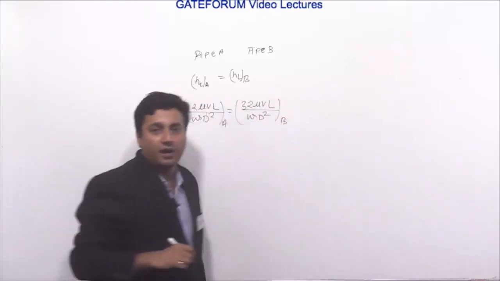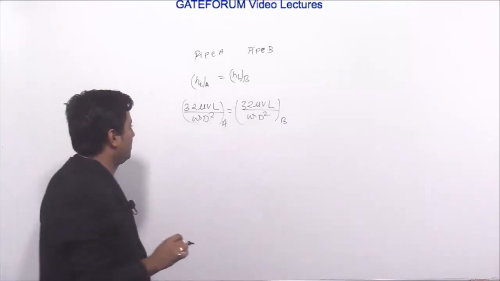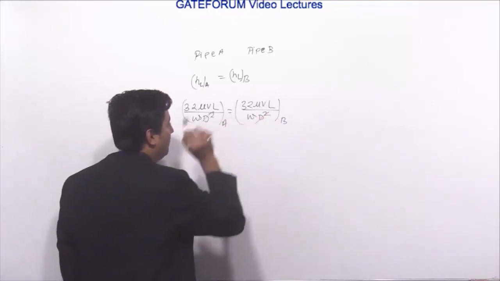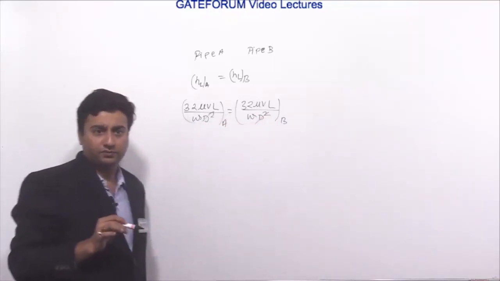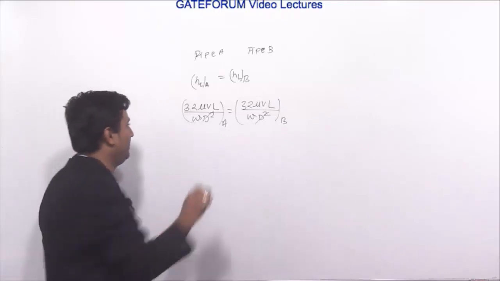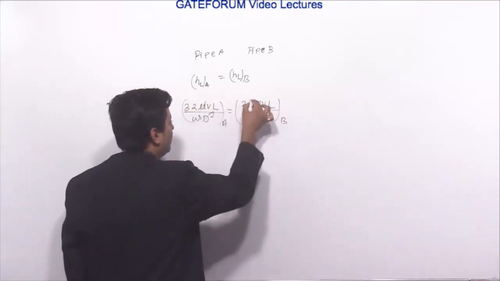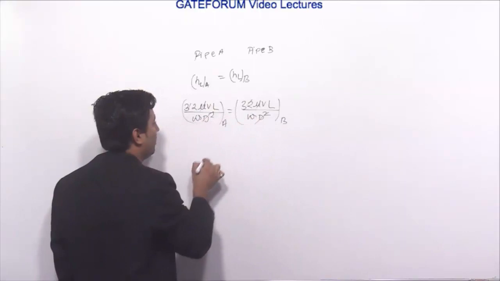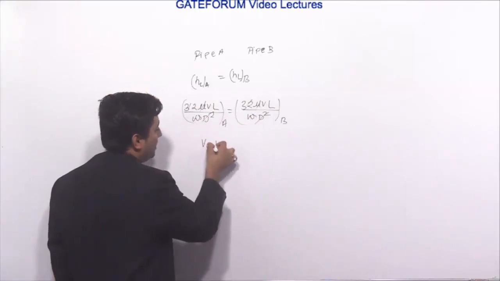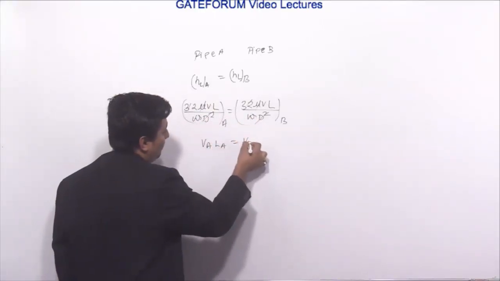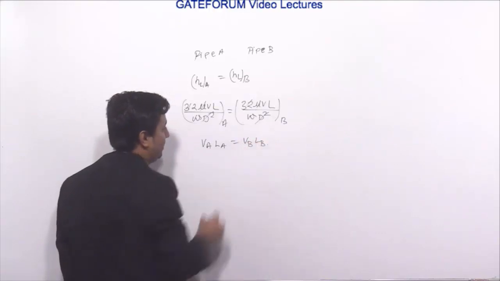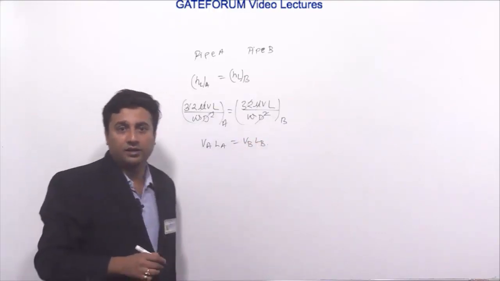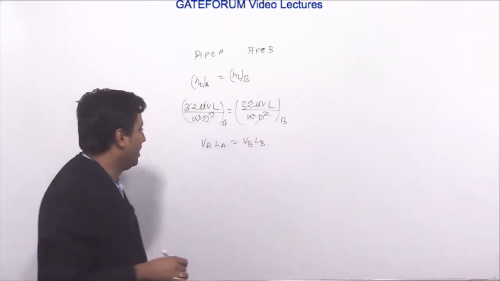Same circular cross section means the diameter is the same, and water flow means the same mu and density. What you will get? VA LA is equal to VB LB, and the lengths are given, 1 meter and 2 meter.